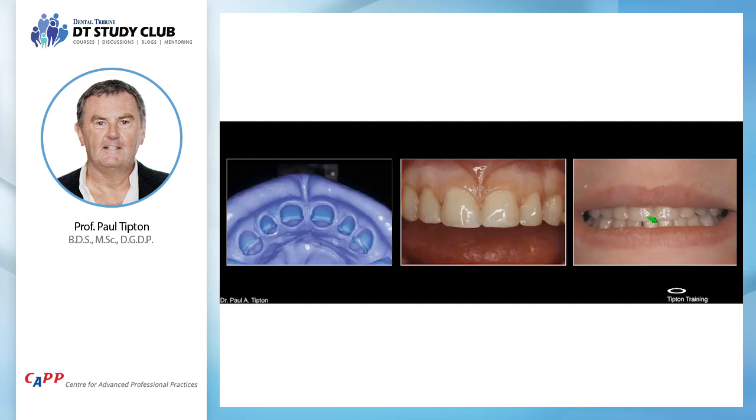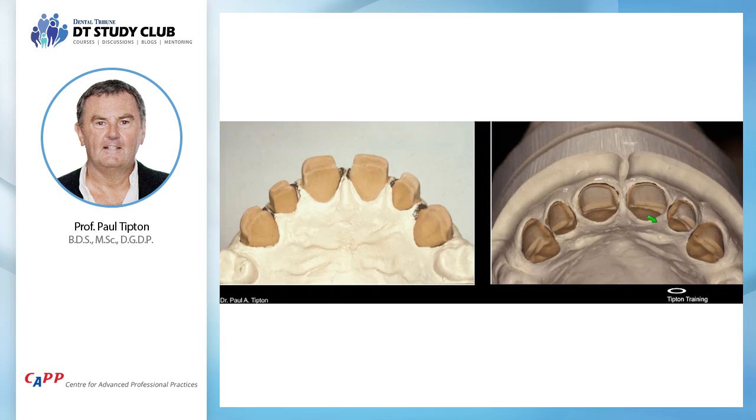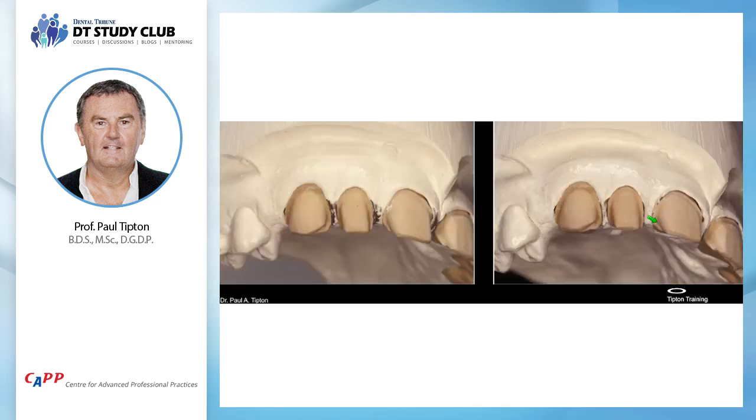We take our impressions, we put our prototypes in place. Our technician now uses a Geller model to go and complete the work. And here's our stone dies in our acrylic model. That's what a Geller model is, stone dies in an acrylic model. We're now going to trim the interdental papillae so that they go from being broad and wide into a nice thin papilla, which you can see just there.